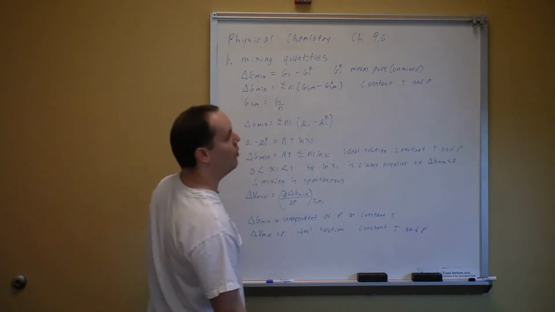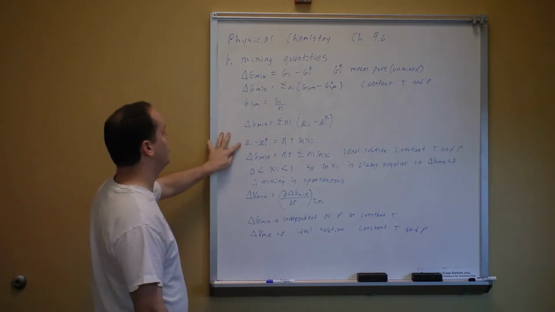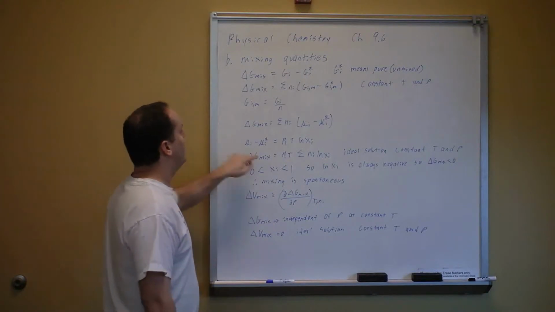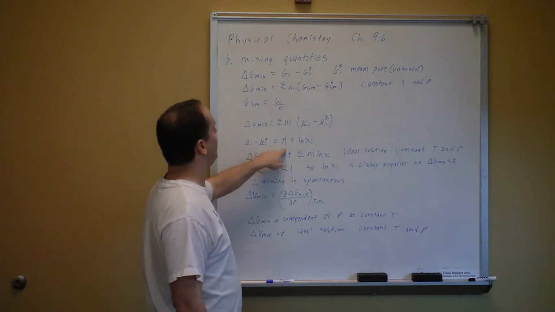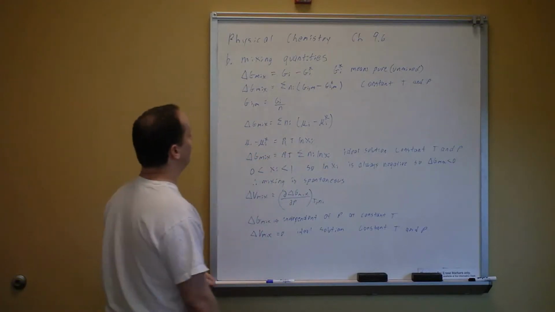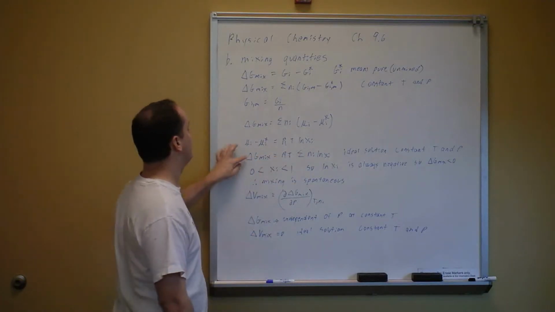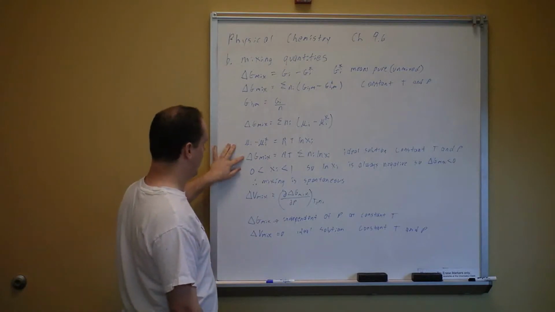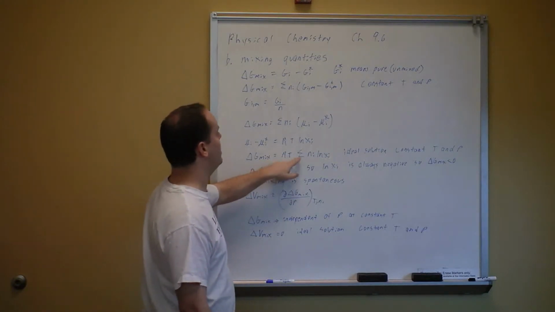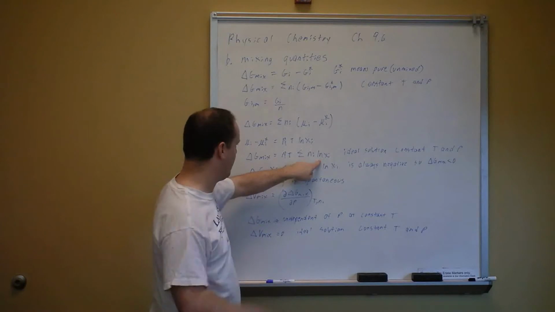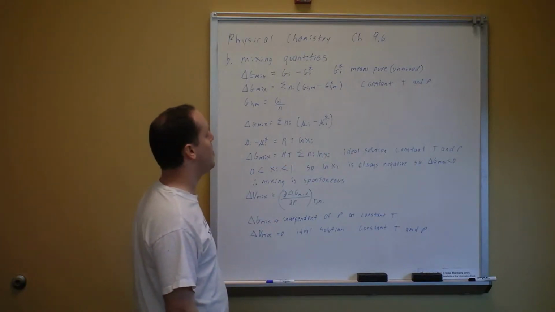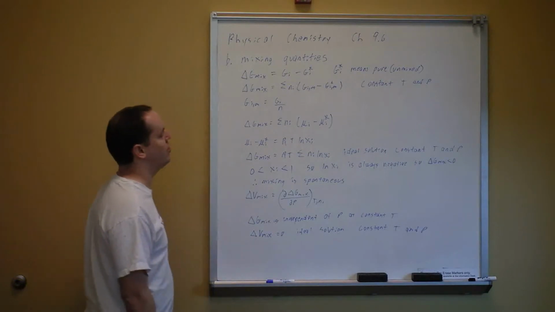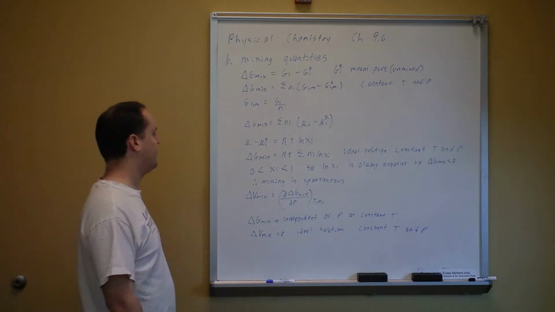That's what we showed before, where that mu is equal to the molar G. So doing this, we get mu sub I minus mu sub I star is equal to RT times the natural log of x sub I, the mole fraction of I. So the delta G, change in Gibbs free energy from mixing, is equal to RT times the sum of the number of moles of substance I times the natural log of the mole fraction of substance I. And this is assuming we have an ideal solution and we're at constant temperature and pressure.